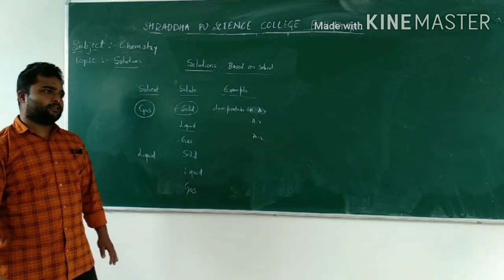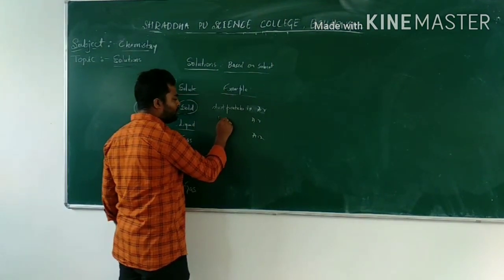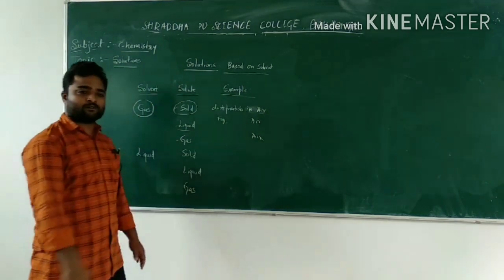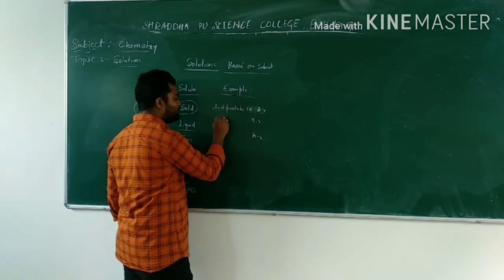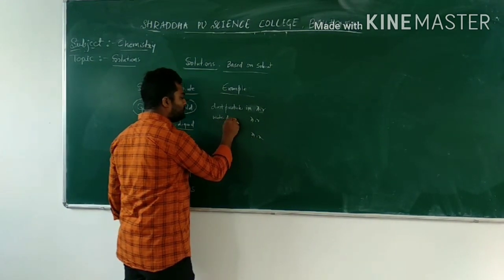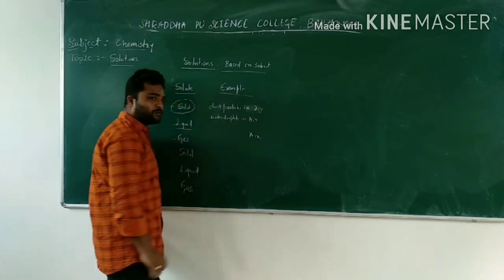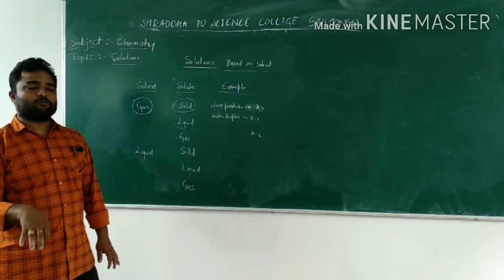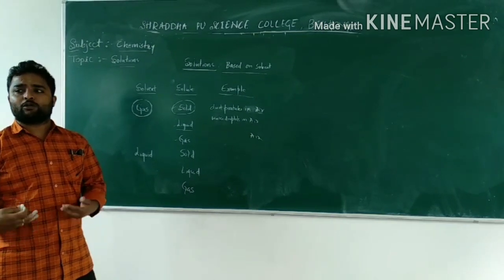Liquid in air. If you want to consider fog, which is present on the surface of the solid, or you can consider water droplets in air. If water droplets are more in air, then you feel more humid. If water droplets are less in air, then you feel it as non-humid.